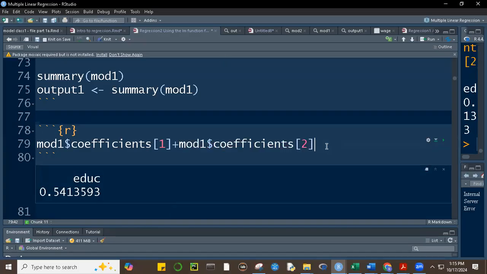And then what do I multiply this with, class? This is for the predicted value for observation number 1.